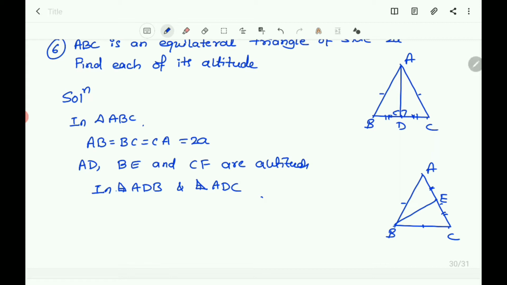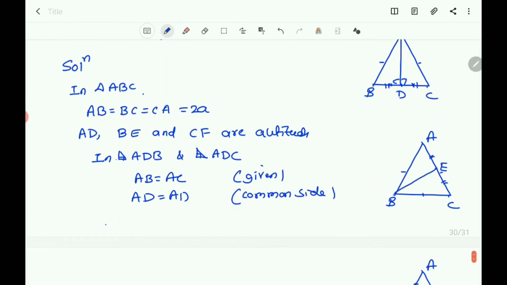So you take AB is equal to AC, which is given, and AD is equal to AD, a common side. Therefore you can write that both the triangles are congruent.